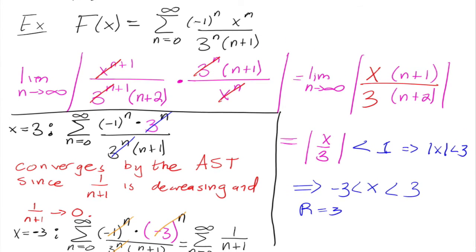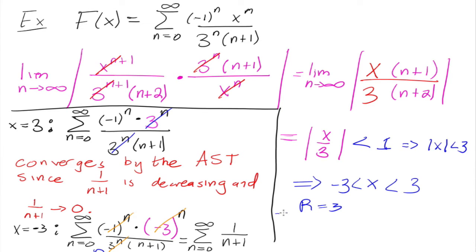So the radius of convergence is 3, my interval of convergence is, so let me write it down. So did I get any new information here?